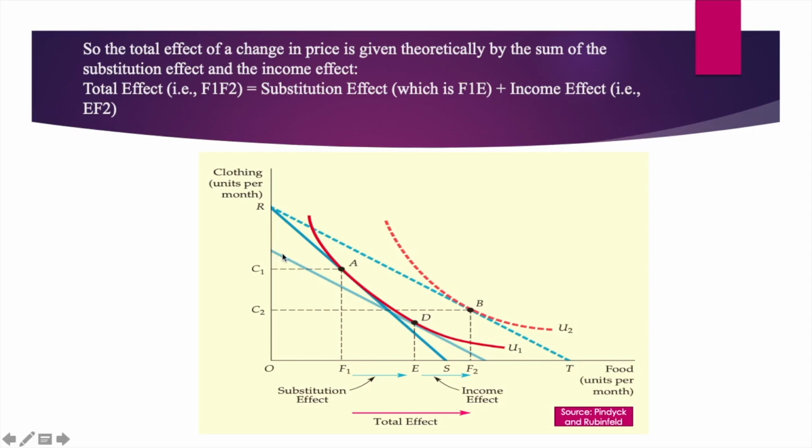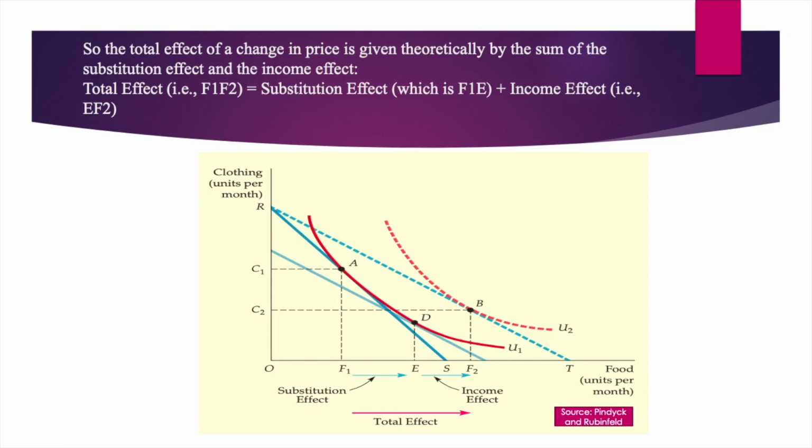Here, from the imaginary budget line, when the budget line shifts to RT, we can see that the consumer moves to indifference curve U2, or from market basket D in indifference curve U1 to B in indifference curve U2. This is because the lower price of food has increased the consumer's level of utility.